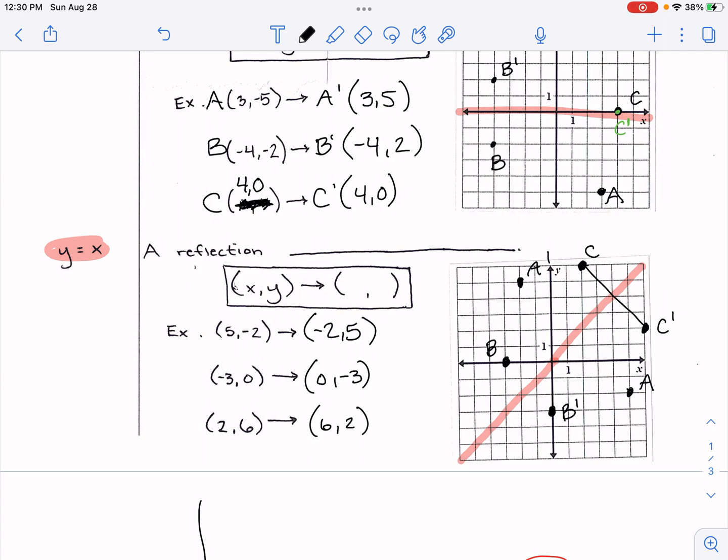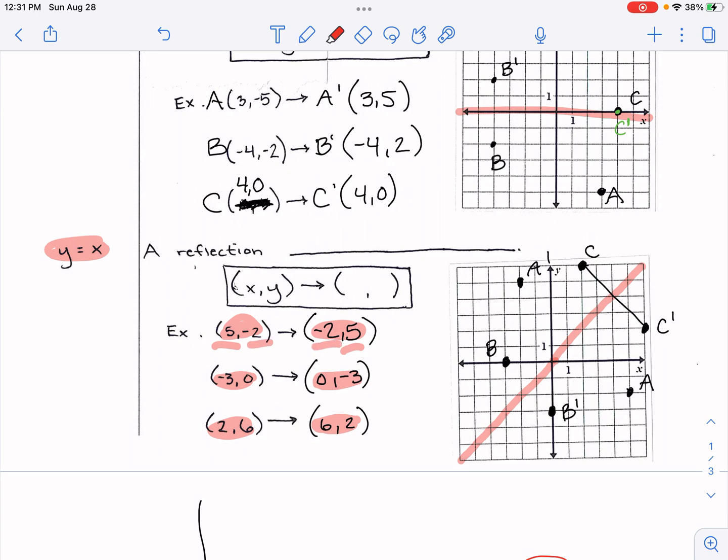Now, the reason that I know this is because there's a special rule when you reflect about the line y equal to x. If you look at the pattern that we have here, let's look at this and let's look at this. Quite a bit has changed. Now think about what is changing though. The thing that's changing here is the position of x and y. What was in the first position is in the second position. So see how we had 5 in the front? Now 5 is going second. See how we had -2 second?